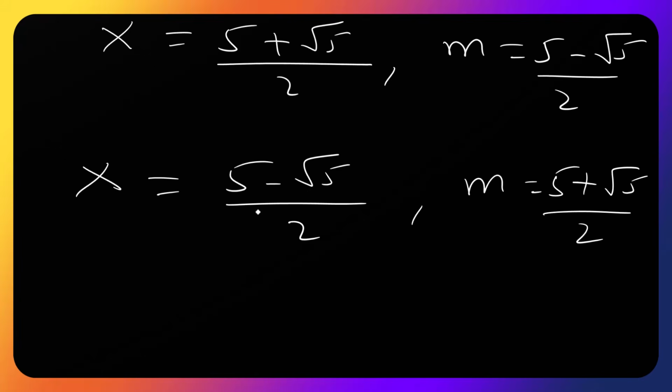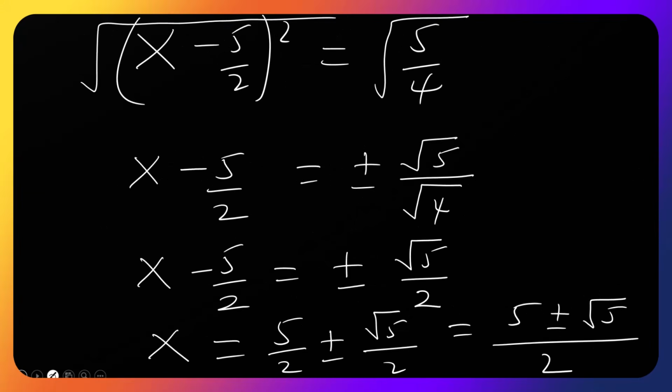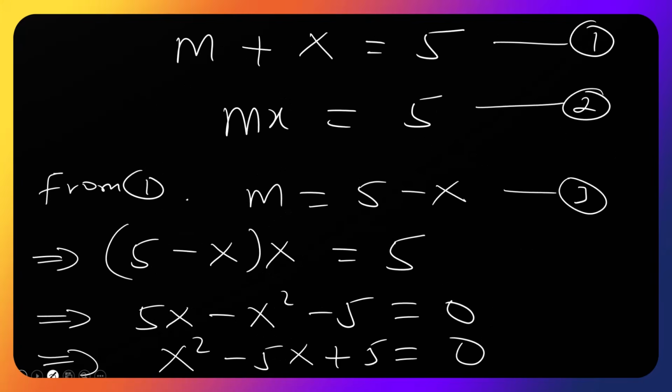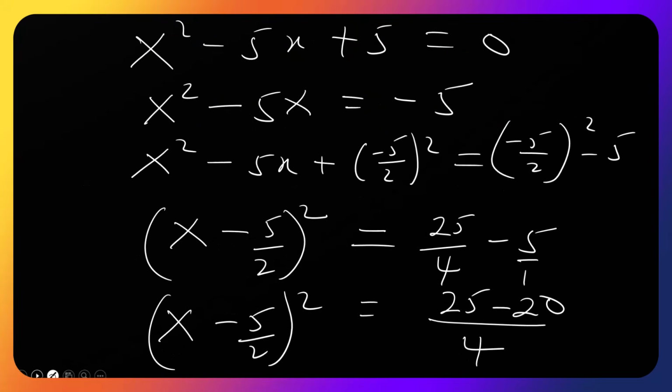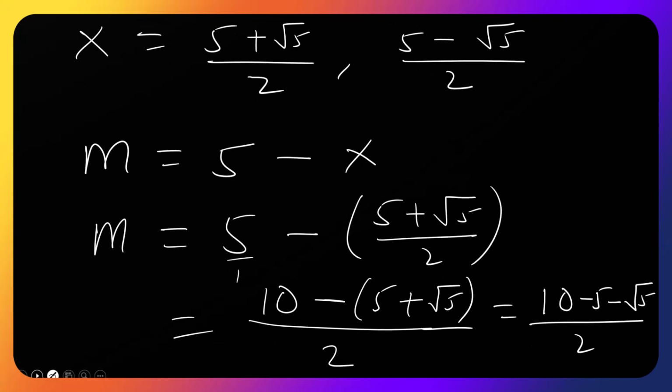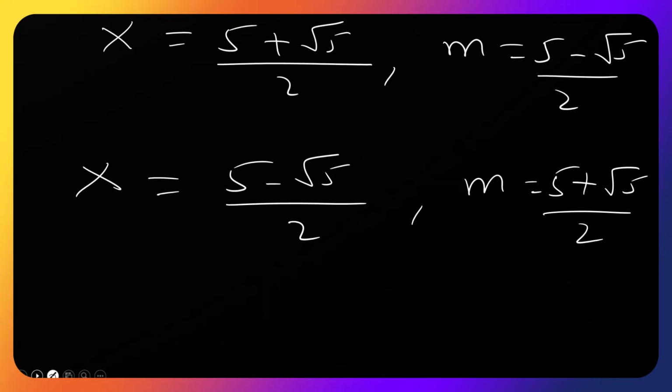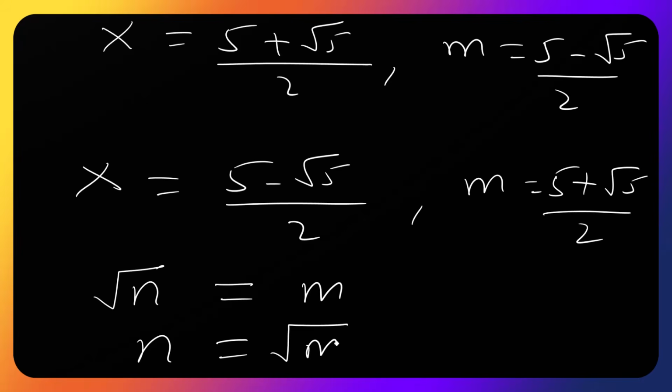But that is not all. Remember, we represented these variables, and now they have their correspondence. So let's go back and refer. Remember, square root of n is m, and square root of y is x. So m equals square root of n, so my n will be m squared.